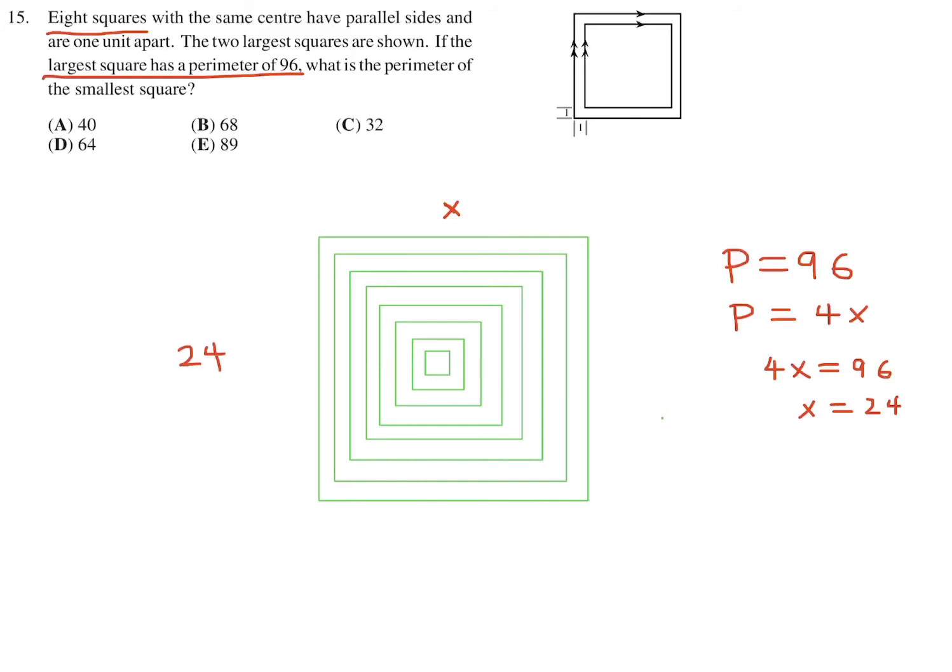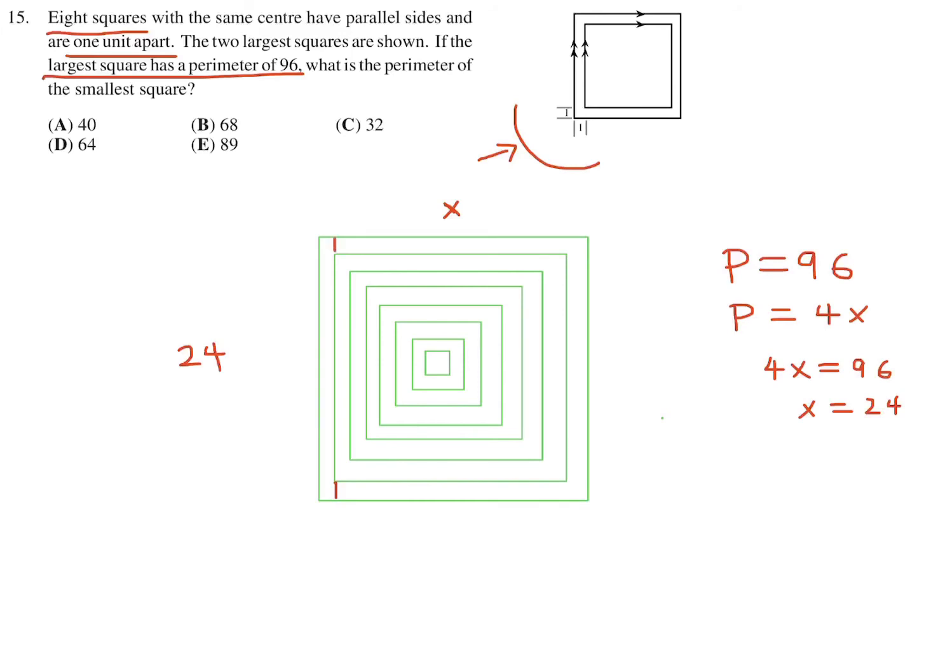And then if you see right here, they've put these little ones in there to show you that that is the distance from one square to the next. And the question stem also tells you the same thing. So that means that from here to here is 1. From there to there, and therefore, on the top, from there to there is also 1.